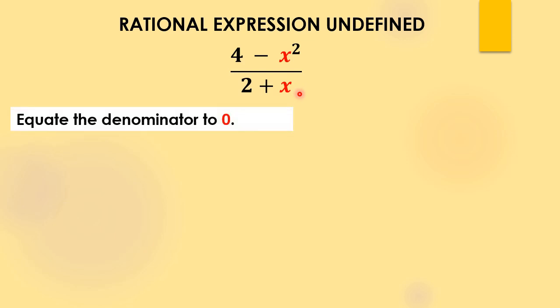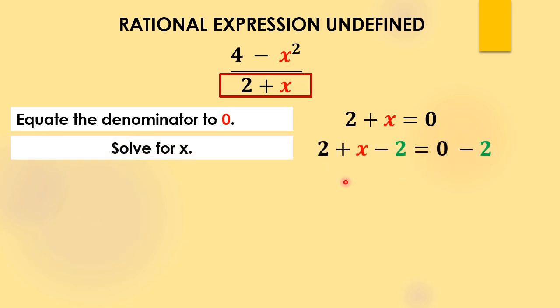So first, let us equate the denominator to 0. In order for us to determine the restricted value of x, let us equate this to 0. Our denominator here is 2 plus x. So if we equate this to 0, that will be 2 plus x equals 0. And then solve for x.